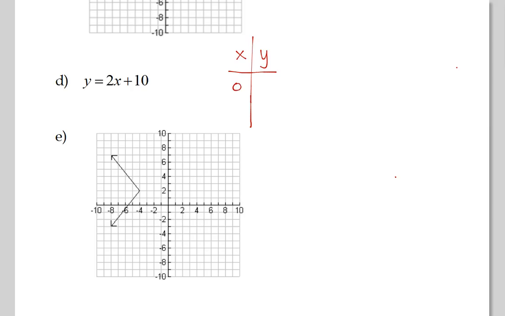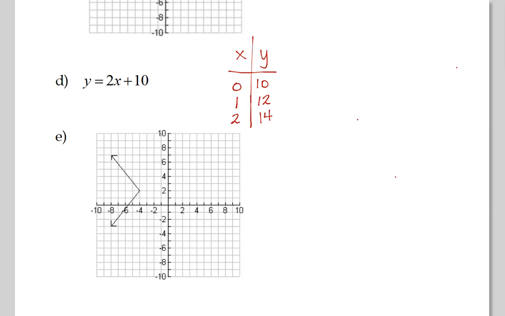Like what if you plugged in x equals 0? 2 times 0 is 0, so then y equals 10. Plug in another easy one, like what happens when x is 1? 2 times 1 is 2, 2 plus 10 is 12. Okay, plug in a 2, what happens? 2 times 2 is 4, 4 plus 10 is 14.